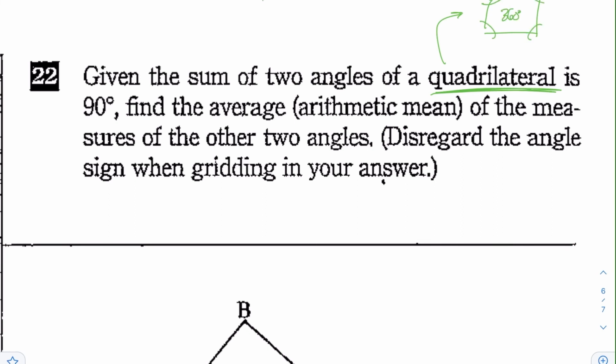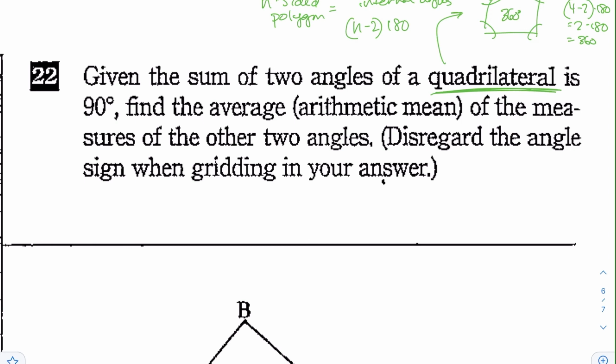The formula for the total internal angles of an n-sided polygon is n minus 2 times 180. So in this case, n is equal to 4. So 4 minus 2 is 2, times 180 is equal to 360.